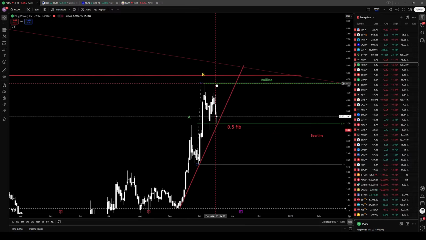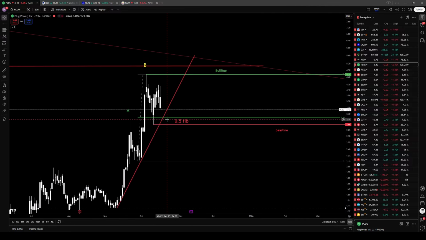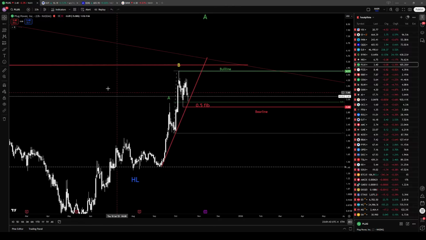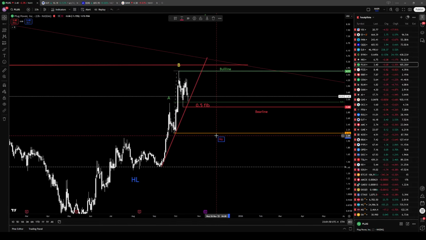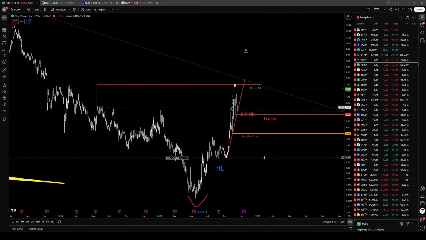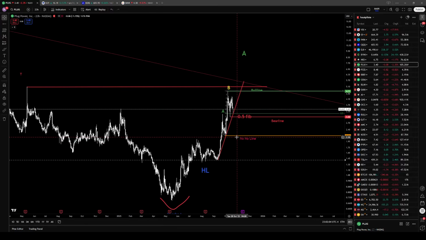The important thing is break over 4.71, absolute bullish. Breaking $3, the B line, wouldn't be nice. What I absolutely don't want to see is if we break the no-no line. I have to look for a really bearish alternative. I'm not really having one right now, but if you do that, I will find one.